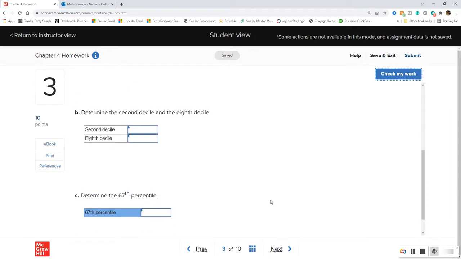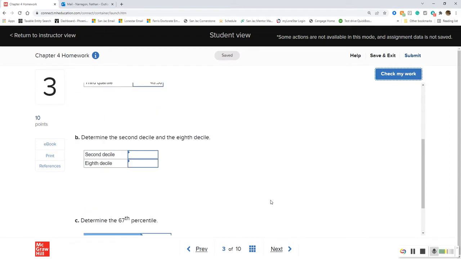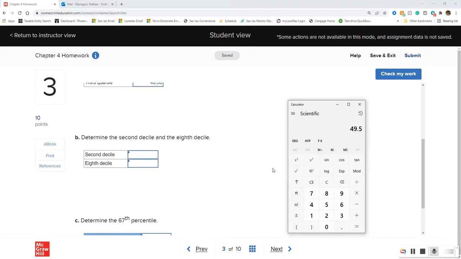we have deciles. So deciles work a little bit different. We need to divide the data set into 10 equal parts. All right. So when it's looking for the second decile, to do this, calculator.